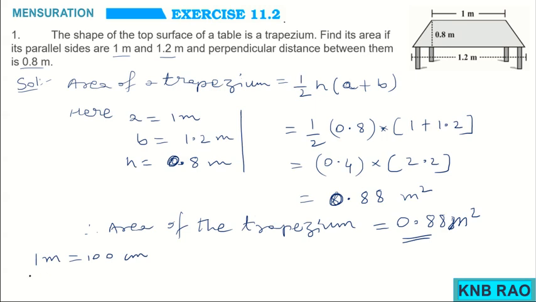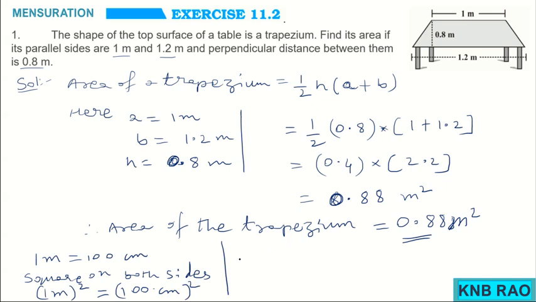Further, if I square on both sides, that means I have to take 1 meter whole square equals 100 centimeter whole square.